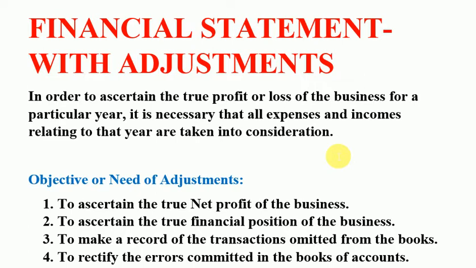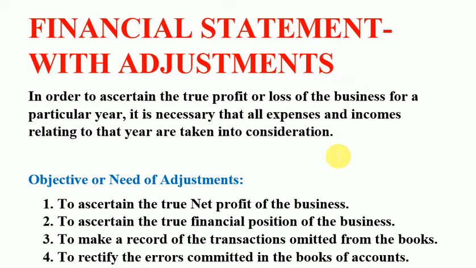In order to ascertain the true profit or loss of the business for a particular year, it is necessary that all the expenses and incomes related to that year are taken into consideration. As we know very well, we prepare the financial statements to find out the net profit, that means true profit or loss of the business, and to find out the total assets and liabilities of the concern, isn't it?